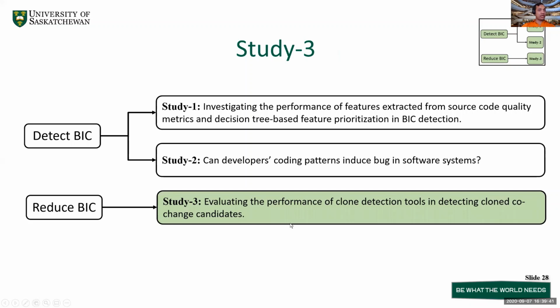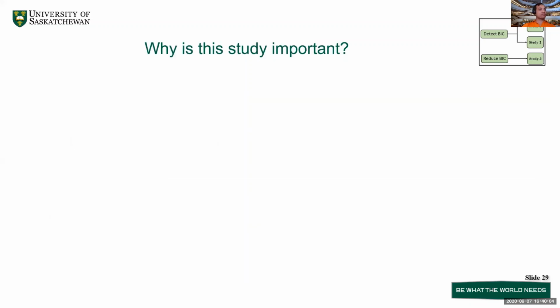To do so, I did an evaluation of clone detection tools, where detecting cloned co-change candidates during changes in the software system can help to avoid the occurrence of inconsistencies or bugs in the software system.